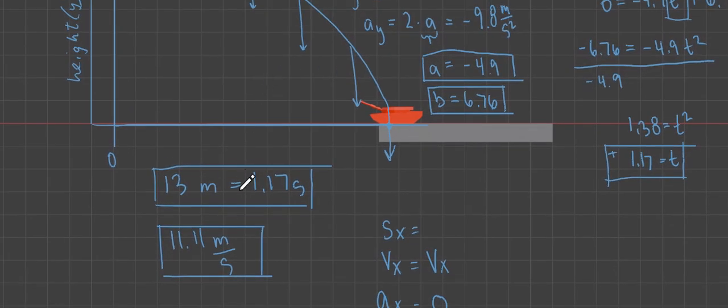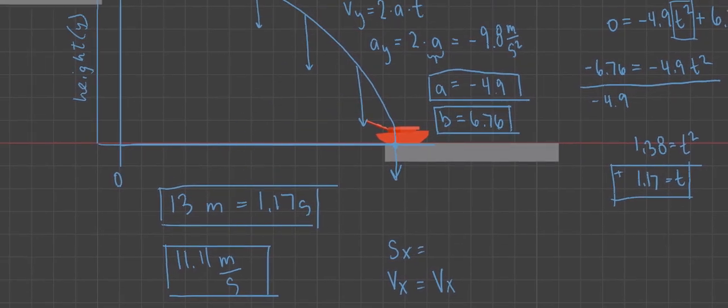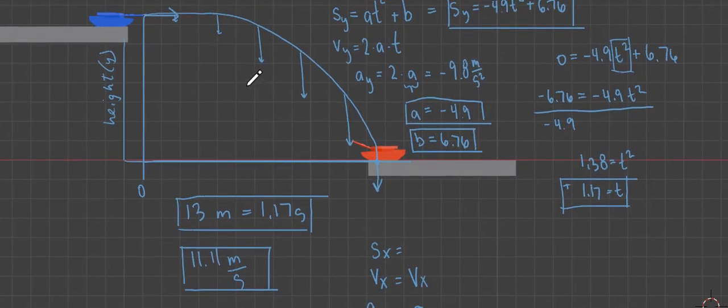It's whatever the velocity was when it left the cannon, and that makes sense. If there's nothing else acting on it, it'll go the same distance in the same amount of time, same distance in the same amount of time.